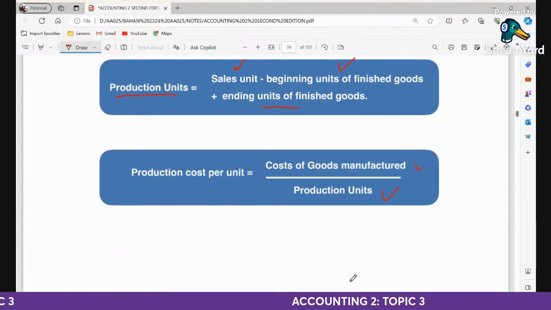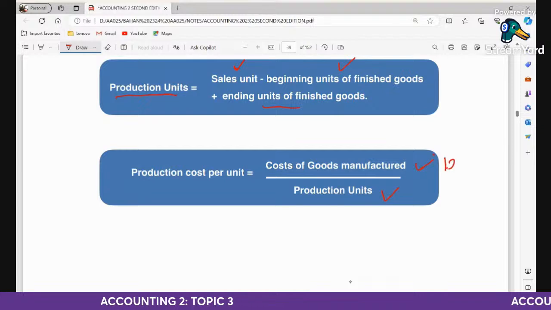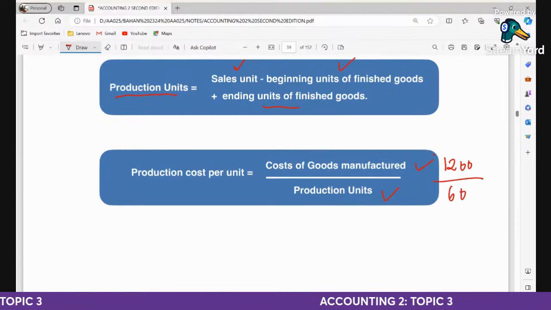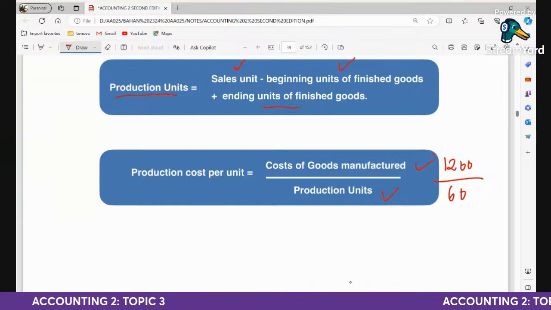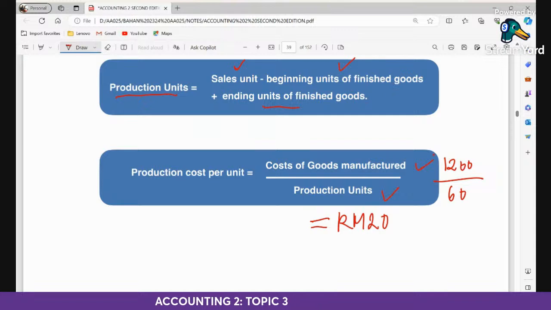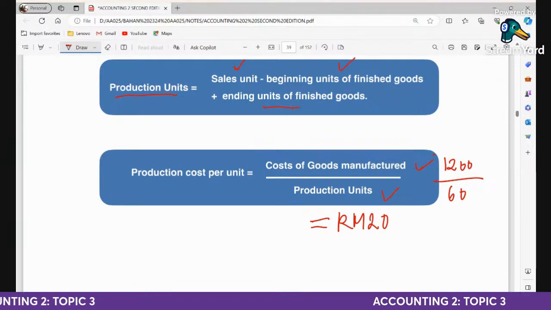unit. So let's say production cost per unit saya tadi ialah 1,200. Lepas tu production unit 60. Okay. Jadi berapa harga seunit cost? Berapa cost seunit produk? Dia akan jadi RM20. So tahu dah lah, actually modal saya untuk keluarkan satu produk yang dah siap ni ialah RM20. So from there, barulah kita boleh tentukan harga.